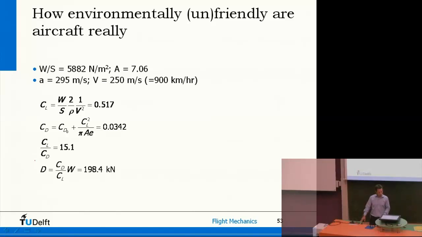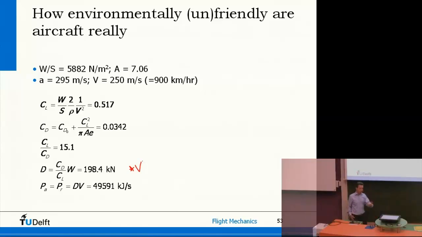Of course, you want to know what is the aerodynamic drag. Now, aerodynamic drag, if we know the aerodynamics and we know the aircraft weight, you can calculate it. It's 200,000 Newton, so quite a lot. And if you multiply this with airspeed, you get the power you need.